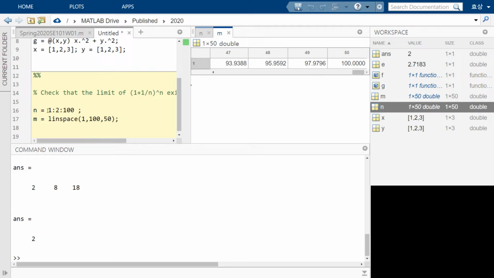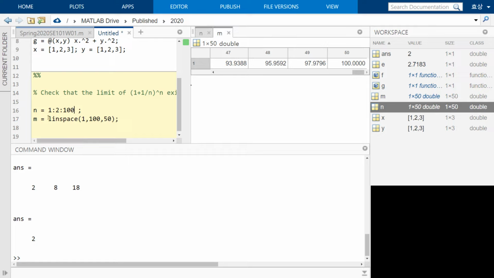The difference between defining an array using colon and linspace is that colon strictly follows the step size. It doesn't follow the 100 here; 100 just indicates that values in the array cannot exceed this much.